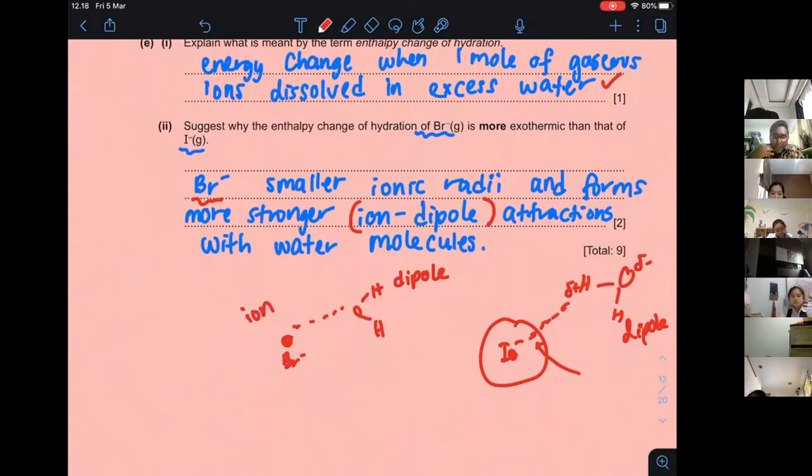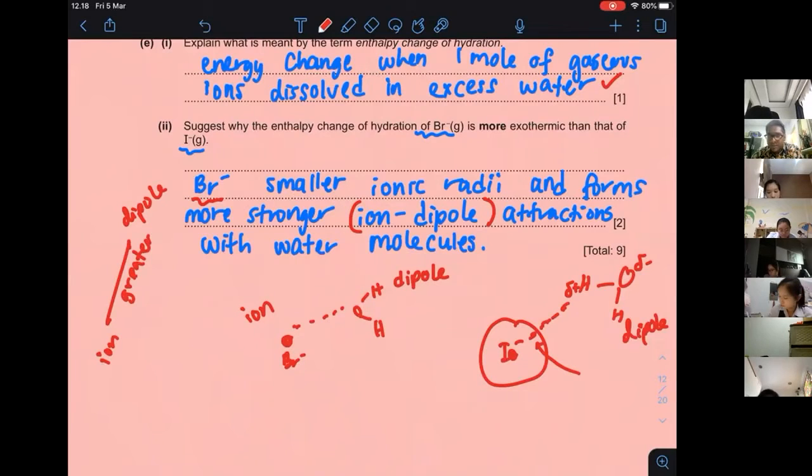Aneta is asking, can we say it's because of the charge density? Not really, because hydration involves how well it can form the bond, so it's not related to charge density. It is more towards the distance between the dipole and the ion. If the distance is greater, the attraction is not going to be that strong.